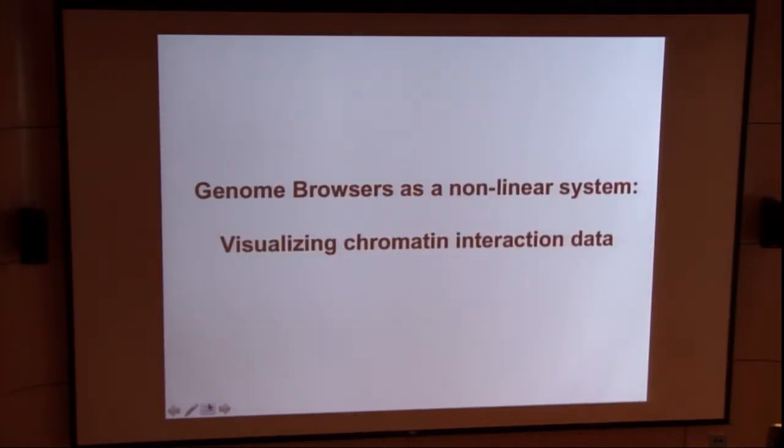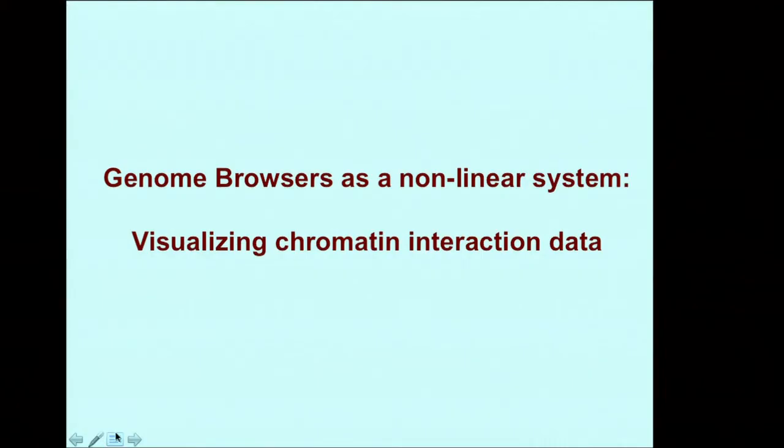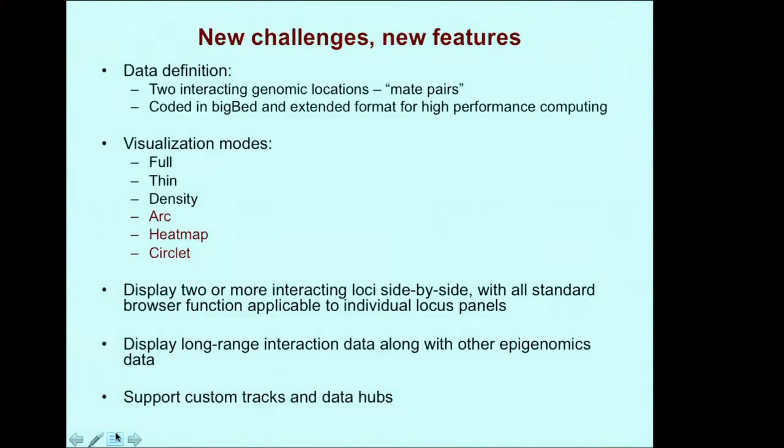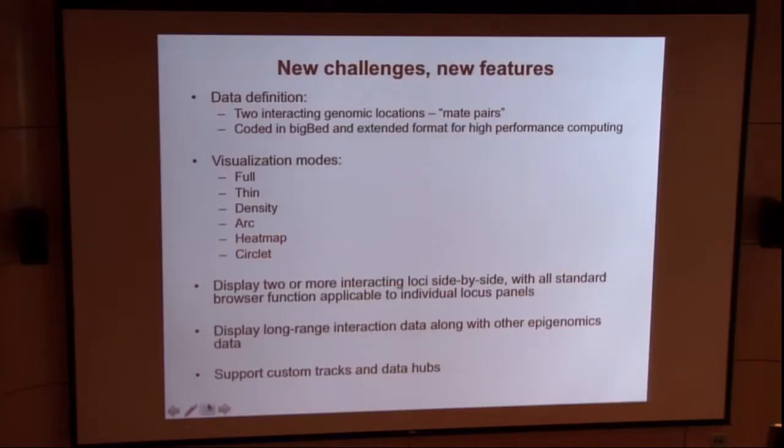So I'll quickly go through this part: the genome browser as a nonlinear system for visualizing chromatin interaction data. There are quite a few developments already in the field looking at Hi-C data and ChIA-PET data in the format of arcs, heat maps and circuits.